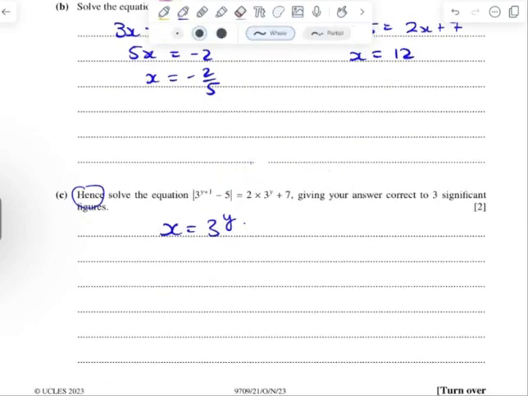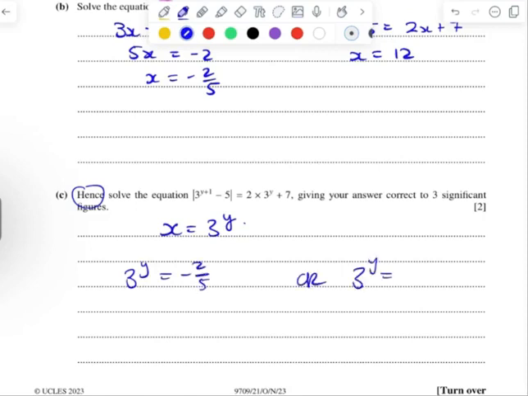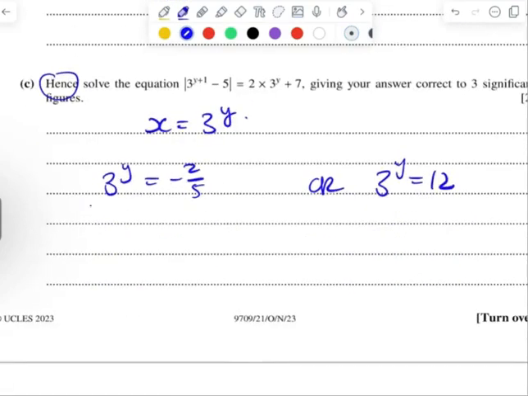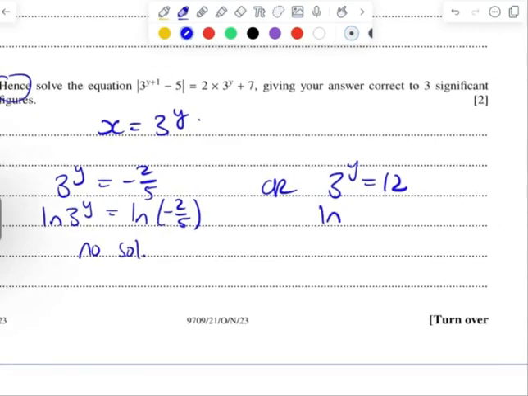And what we can see is that x is equal to 3 to the power of y, so then I can use my answers from before. So instead of saying x, I'm going to say 3 to the power of y is minus 2 over 5, or 3 to the power of y is equal to 12. Right, to bring my y's down, I'm going to use my ln, but I can already see I've got a problem here because this is a ln of a negative number. So there's no solutions for that particular equation.